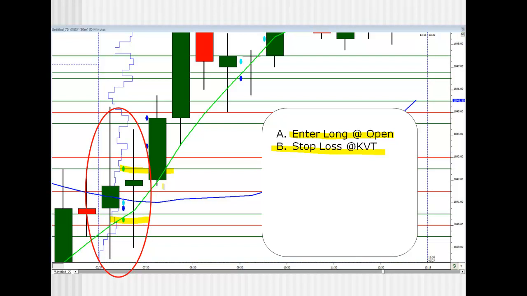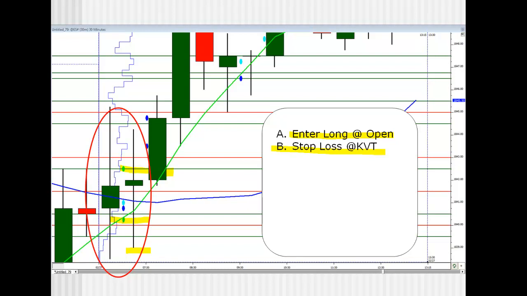And the nice thing about this, if I enter somewhere up here, around the high KVT, my exposure is somewhat limited. I'm not waiting for the low of the bar. I'm actually relying on the intense volume activity to give me my cues. Now, why would this make sense?